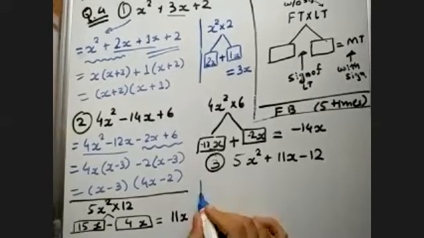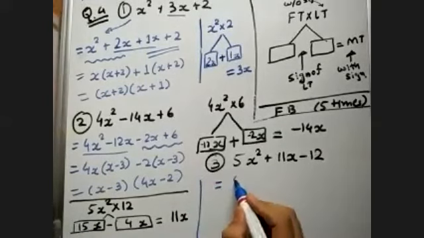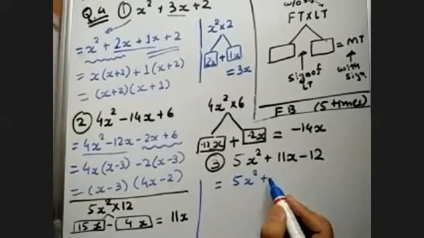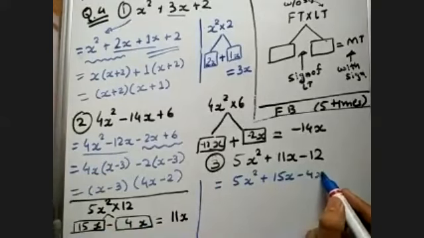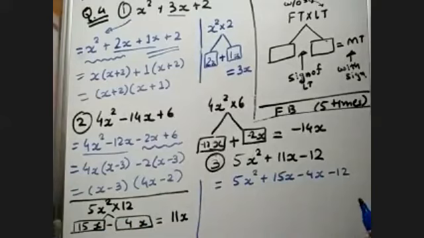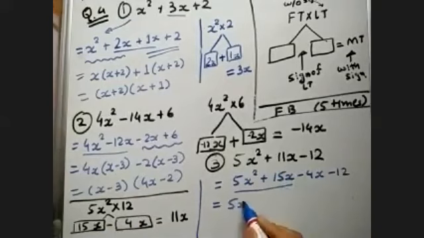So this will be equal to 5x square plus 11x. 11x can be written as 15x minus 4x minus 12. So from the first two terms, if I take 5x as common, it is x plus 3.